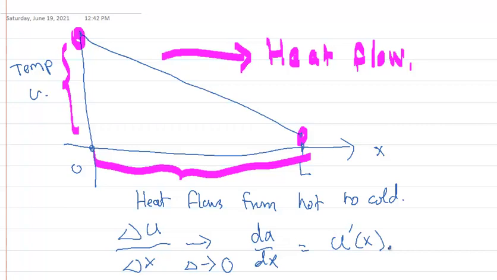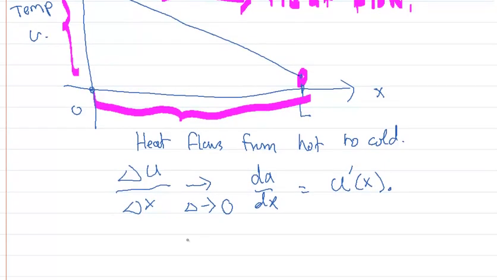I'll use this notation. So I'm going to say the larger U prime is, the faster the heat flow.